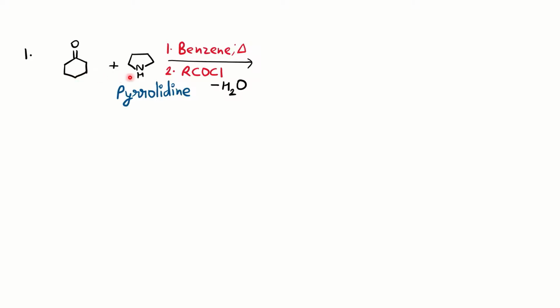So you have the ketone and the secondary amine, and then benzene, which is acting as a solvent here. Heating condition is given for hydrolysis, and you have the acylating agent here. So this is a direct hint that the requirements are fulfilled for the Stork enamine.